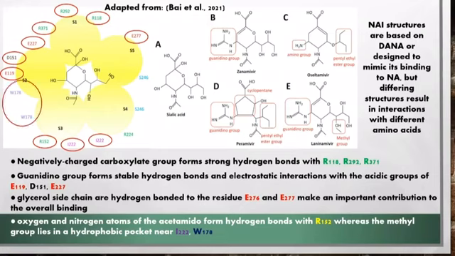As shown in this figure, we can see that neuraminidase inhibitors have more interactions and higher binding affinity to the neuraminidase as compared to the sialic acid. Therefore, the presence of neuraminidase inhibitors will act as competitive inhibitors to the neuraminidase.